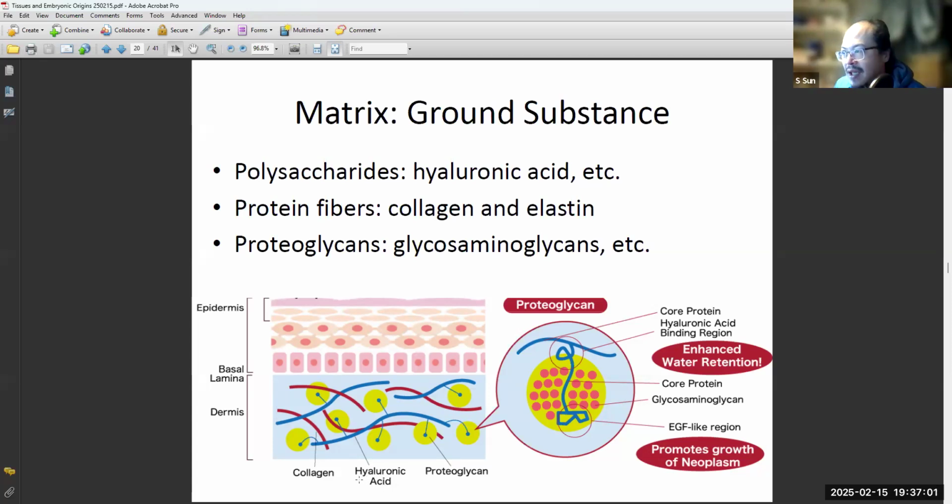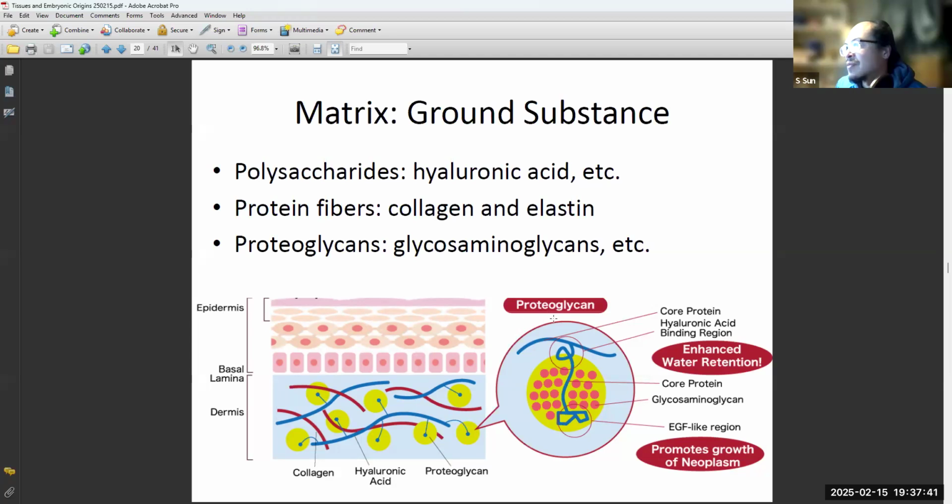We also have hyaluronic acid. This is part of the polysaccharide. And then you have the proteoglycan that includes the glycosaminoglycan.